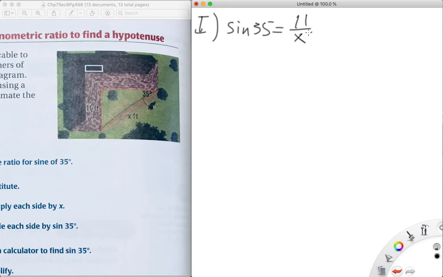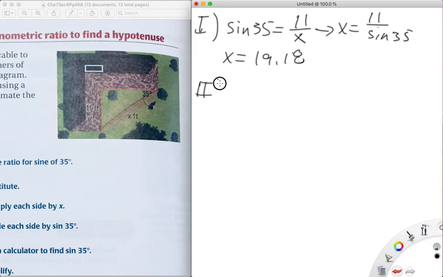I'm going to multiply both sides by x and then divide both sides by sine 35, and I get that x is equal to 11 over sine 35. So x is going to equal 19.18.